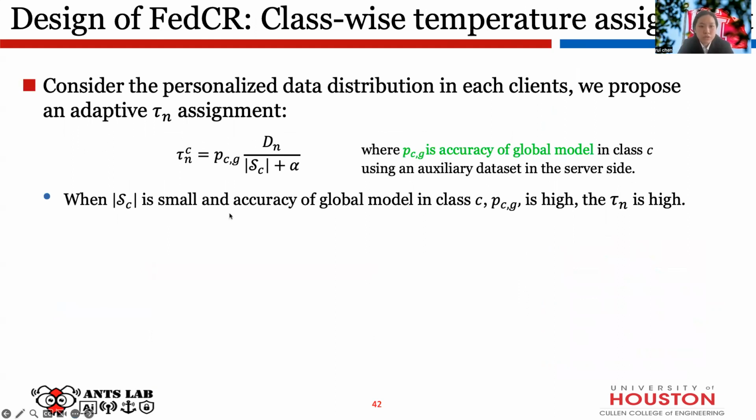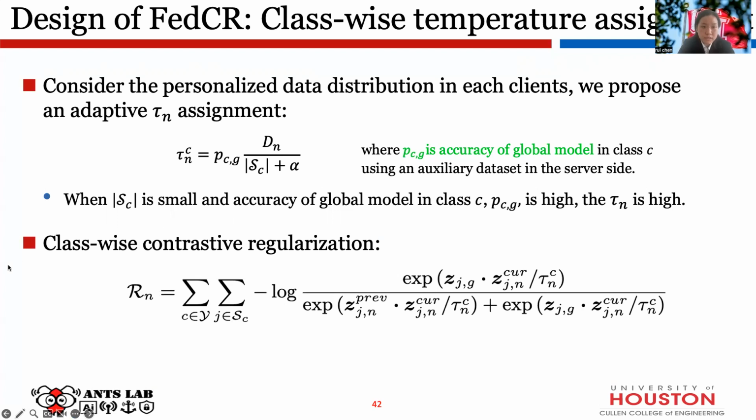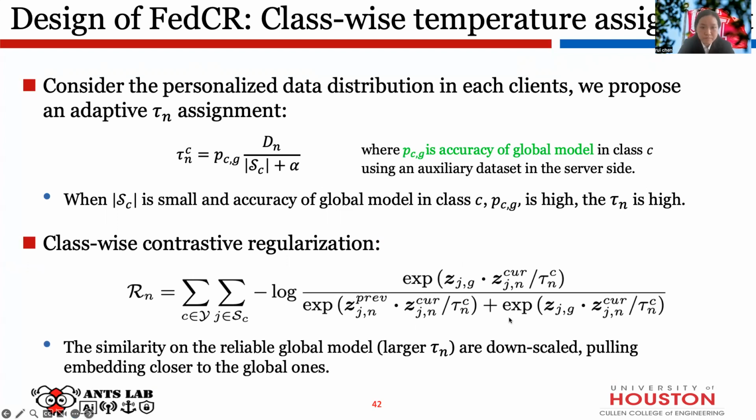Recall that the temperature in the contrastive regularization is the scaling factor on the similarity between the global model and the local model. Hence, we will design the temperature to be at a high level if the global model is highly reliable on the class C. At the same time, the client would have a small number of training samples locally. So we will redesign the class-wise regularization terms as follows.